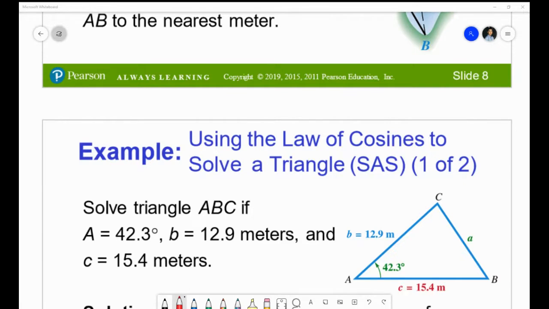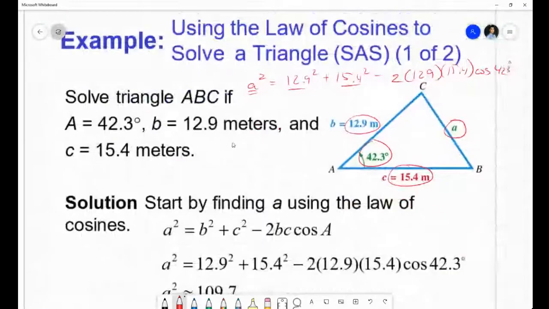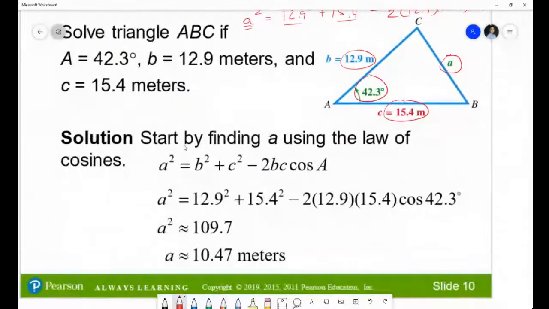All right, pretty easy, right? So we're just going to set it up just like before. The unknown is going to be on one side, squared. The two sides that we do know are 12.9 squared plus 15.4 squared minus 2 times 12.9 times 15.4 times cosine of the angle A, which is opposite from the unknown, 42.3. All right, type all that into your calculator and you get 10.47 meters.